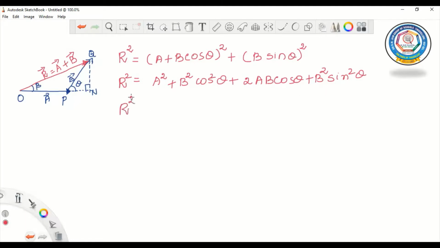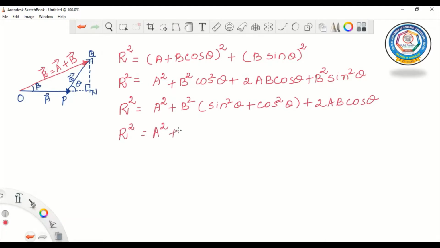So you will have A square plus B square, sin square theta plus cos square theta, plus 2AB cos theta. R square is equal to A square plus B square plus 2AB cos theta.